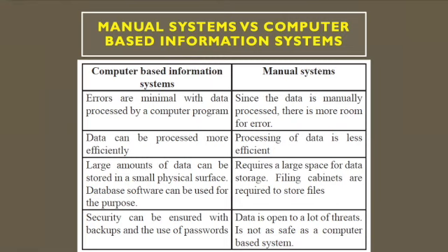Now if we look at it manually, how many cupboards would we need? Full of cupboards. For example, if we are storing 5 years of data, the entire building is full of books or files. So, record large. Then finally, security can be ensured with backup and using a password.